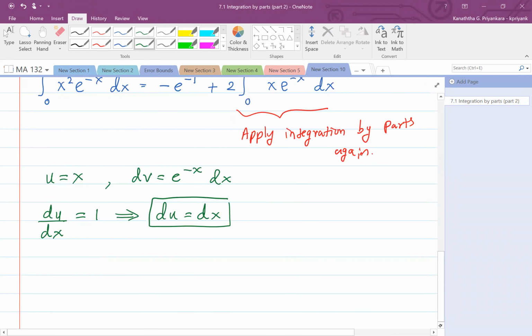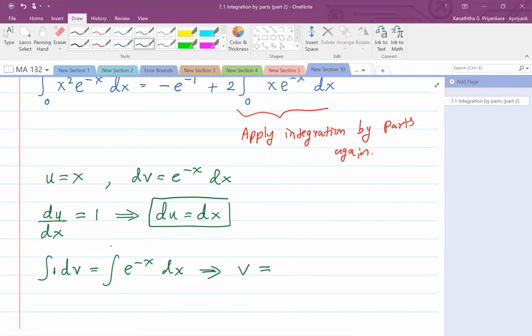And then next we need to compute v. So we integrate both sides. So we have integral negative x dx. So integral of v, integral of 1 with respect to v, get v. And so again, if you cannot do this, you can use u substitution again.